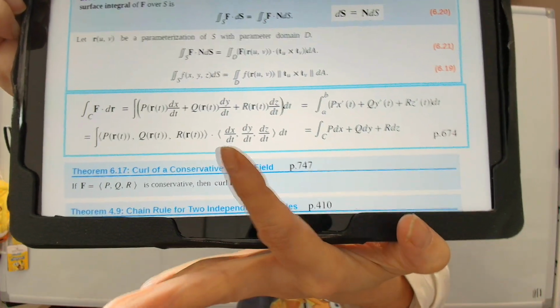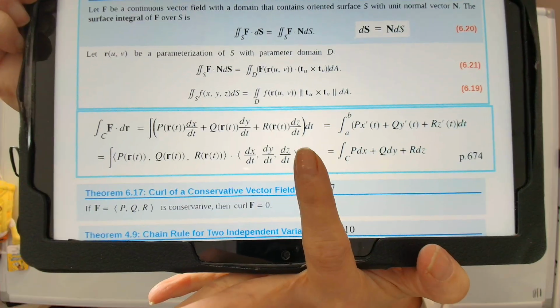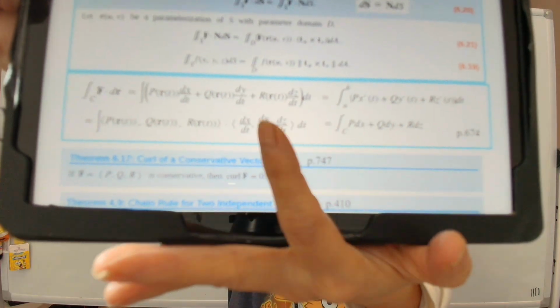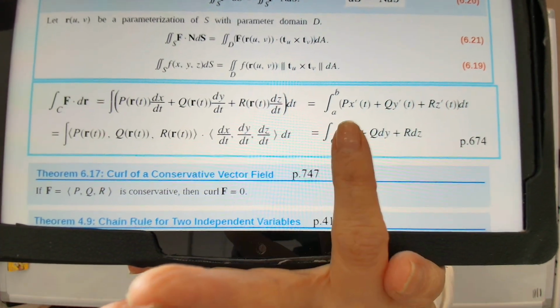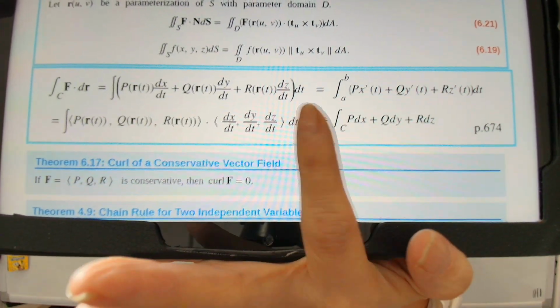And don't forget to plug r(t) inside. r(t) is the parameterization of the curve C. That's what we did back around page 670, which is more than 100 pages ago.